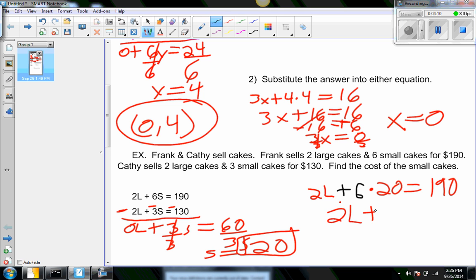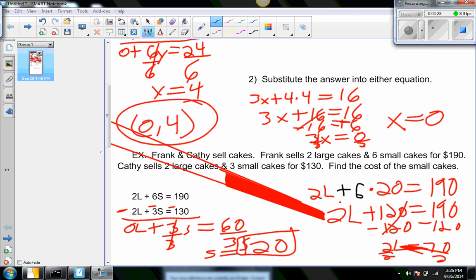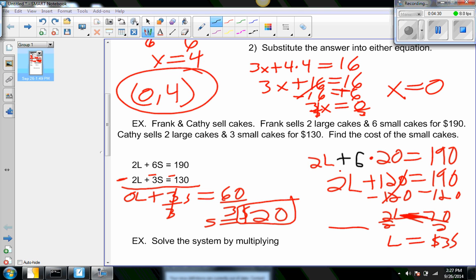So 2L plus 120 equals 190, minus 120, minus 120. So the answer is 70. So 2L equals 70. Divide by 2. Running out of room. And so if you finish solving that, L would be 35. So a large cake would be 35.